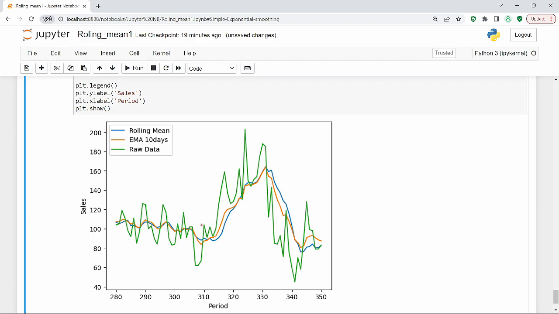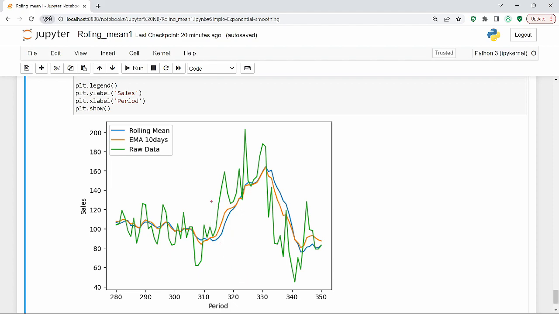If you focus here, you can compare what I was saying at the beginning. Exponential moving average reacts quicker to upwards. Check here in this cross, I understand there's going to be certain movement in my data. Check how it changed quickly, faster than rolling mean.